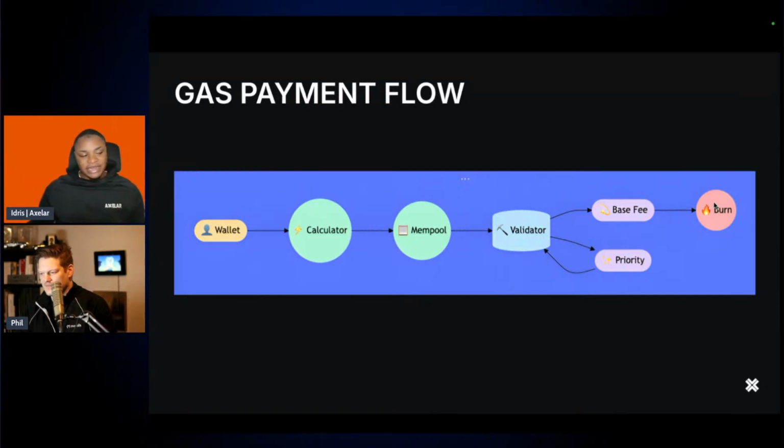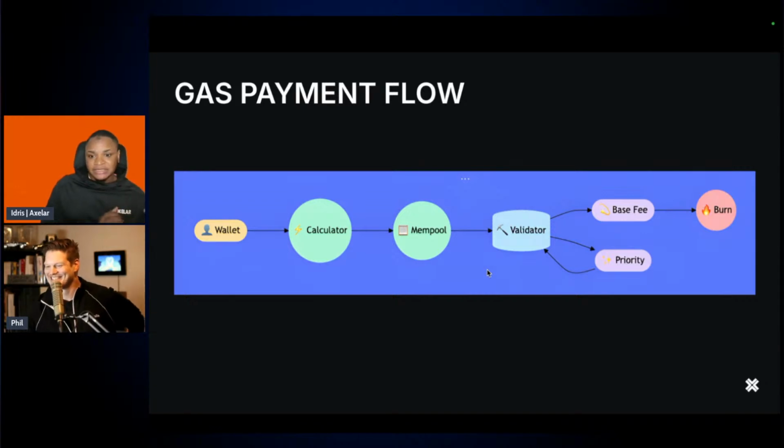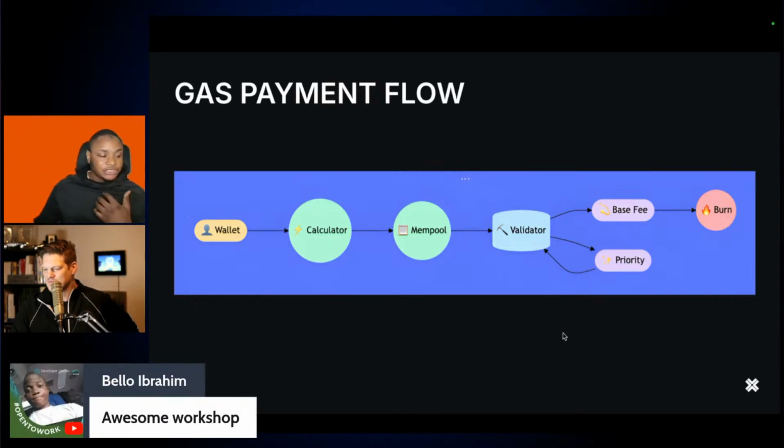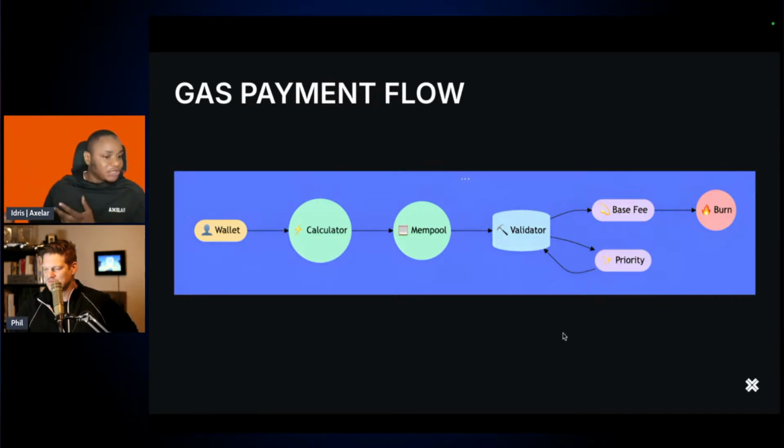And then of course we have the burning mechanism, but I know this varies from blockchain to blockchain, right? How they tend to control the gas payments. We've seen blockchains at some point doing halving after every period of time for rewards, and some implementations burning the whole gas cost at the end of the day.